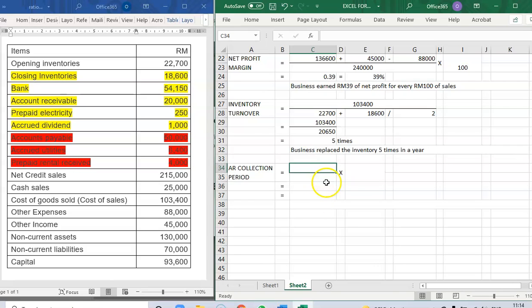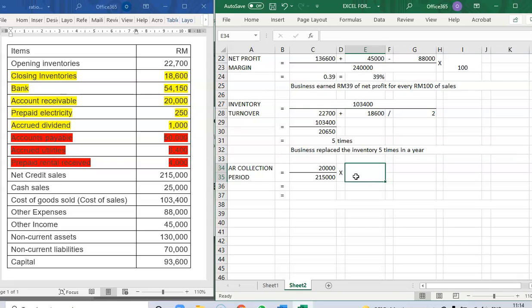The account receivables given to us is 20,000, and the credit sales, sometimes you do not have the amount of credit sales. The company does not reveal the amount of their credit sales, so you can use the net sales. But the data has been given to you, you already have the net credit sales amount, that is 215,000.